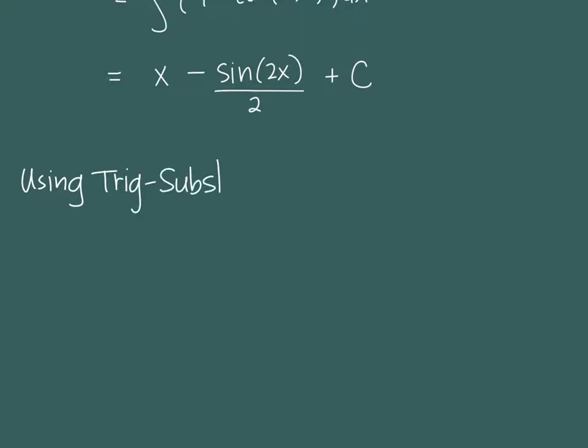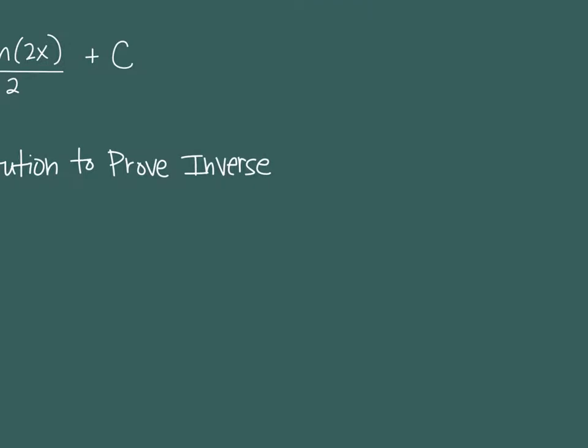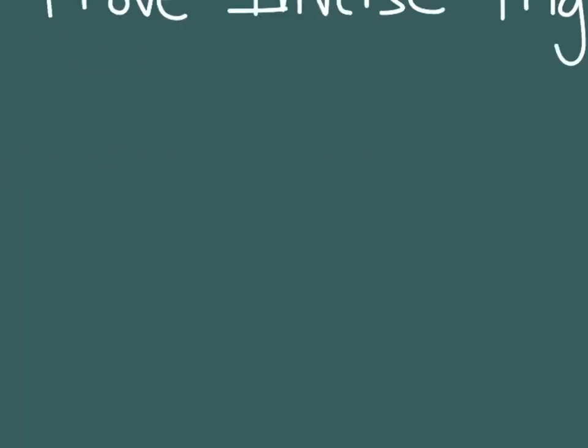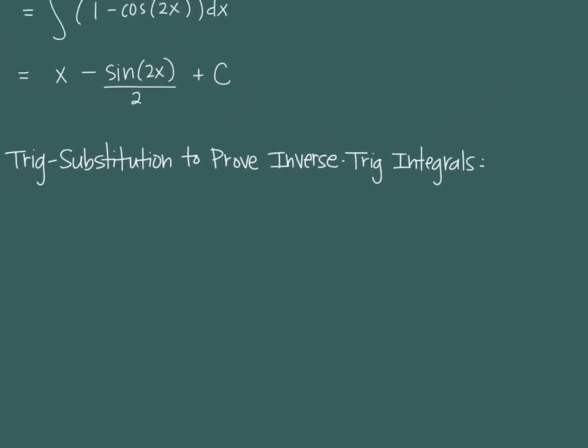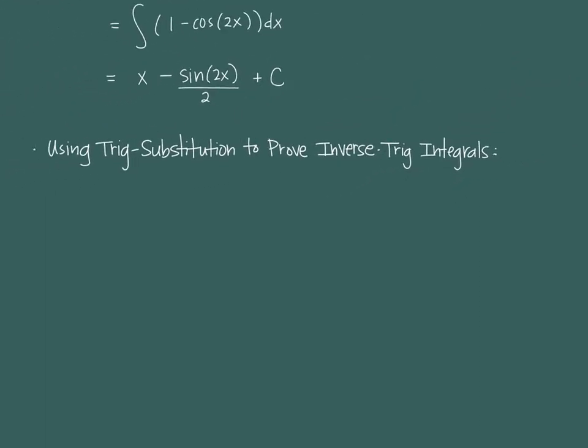The other thing that trig substitution is good for is we use them to prove the inverse trig integrals. So your homework's kind of like in two themes, two chunks. It's u and trig at the same time, yeah. So trig and u substitution, using both.